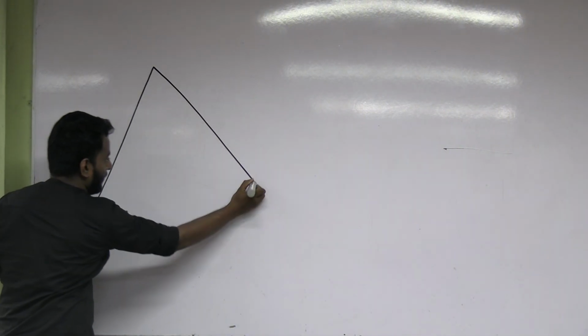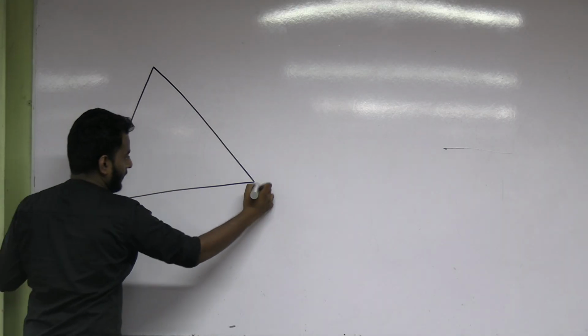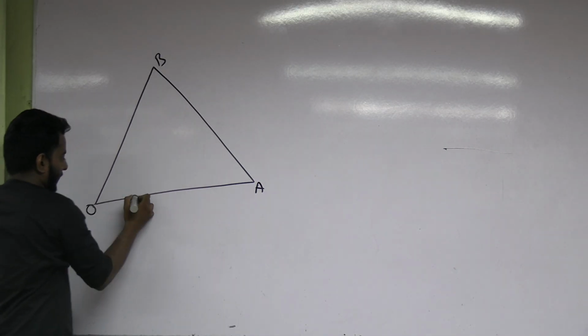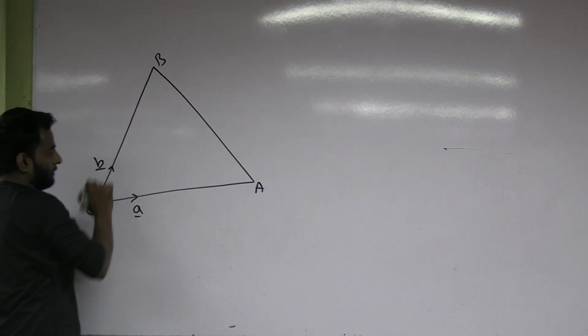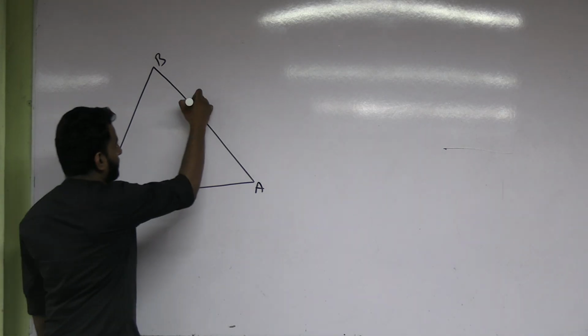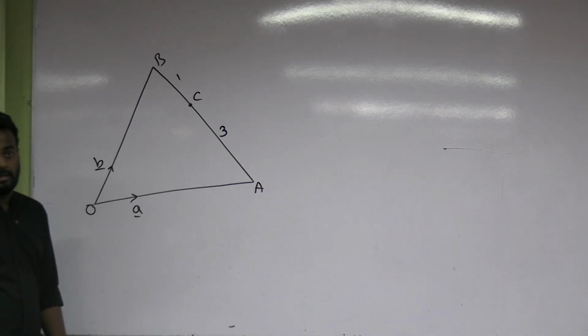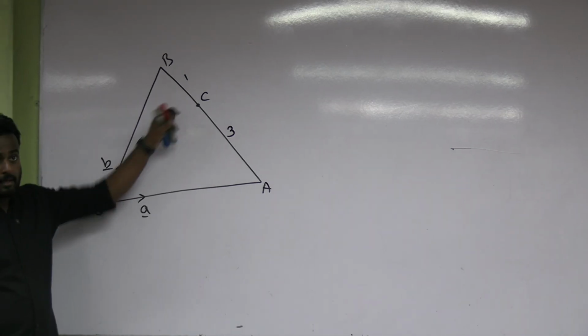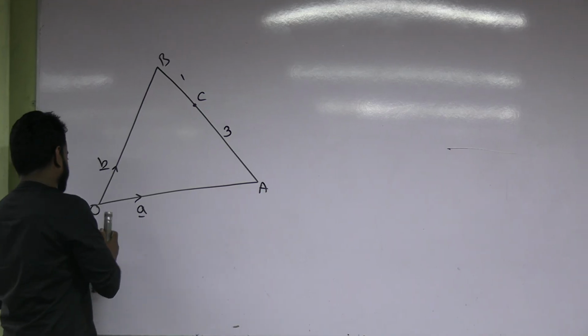We have a triangle OAB, right? So they have given us the points O, A and B, and the vector OA is simply a and the vector OB is simply b, right? And they say there is a point C on AB in the ratio 3:1, and I am supposed to find OC.